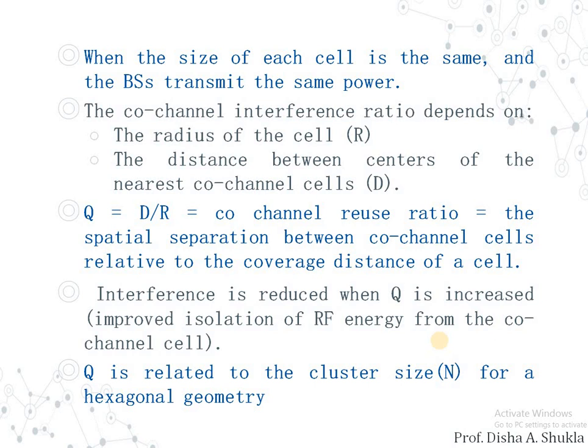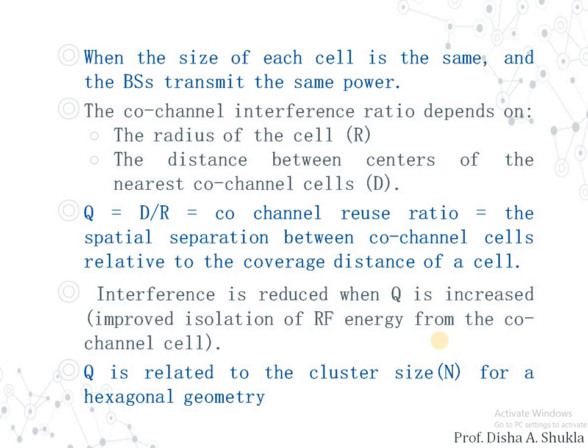So basically Q is the ratio between the distance between the nearest co-channel cells and the radius of a cell. It is actually the spatial separation between the co-channel cells that is relative to the coverage distance of a cell.